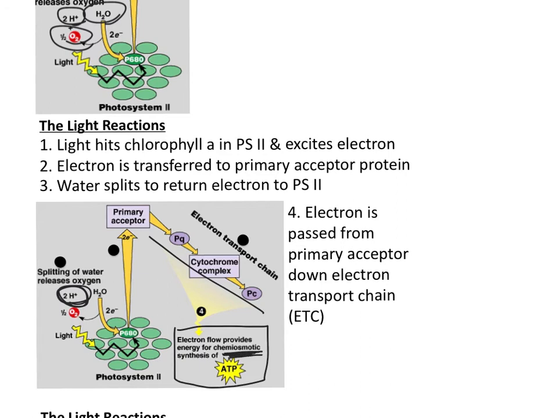Chemiosmotic means we set up a concentration gradient where all the hydrogens are congregated on one side of the membrane. They won't like that because they're all the same charge and molecules want to spread away from one another. So those hydrogen ions will flow through ATP synthase to produce ATP.